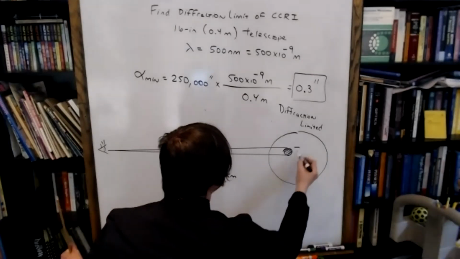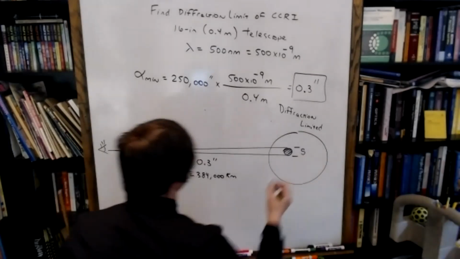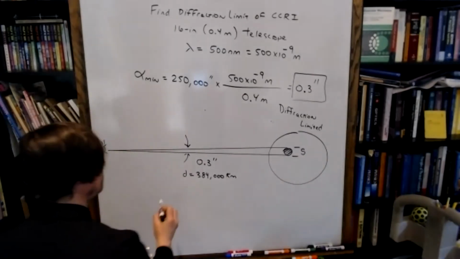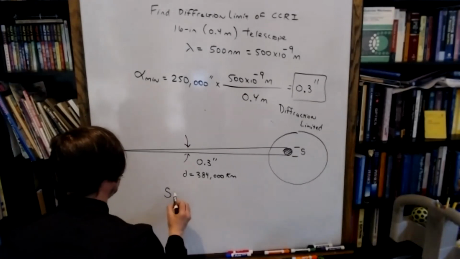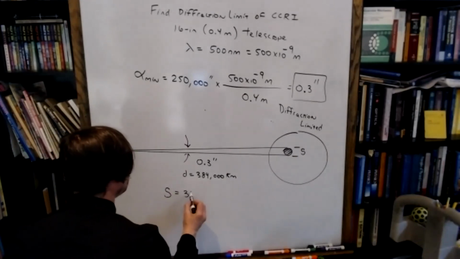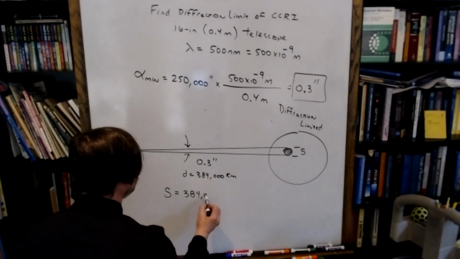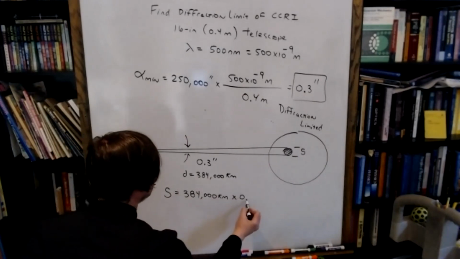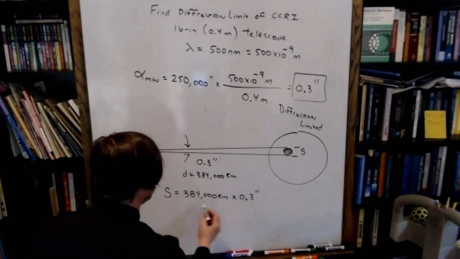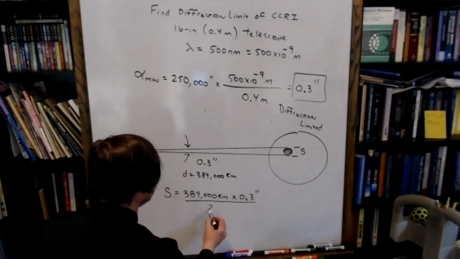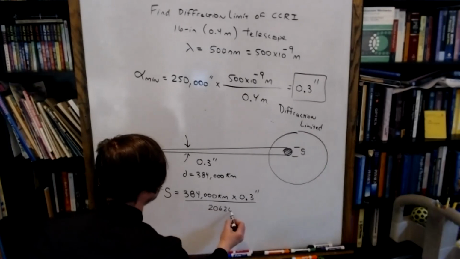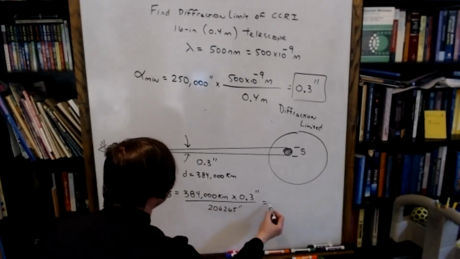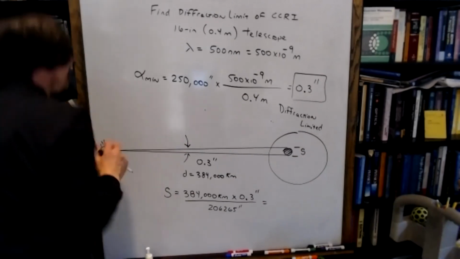If we call the size of the smallest feature I could see S, the small angle formula would let us calculate how big that is. It's 384,000 kilometers times 0.3 arc seconds, all divided by 206,265 arc seconds. Go ahead and plug that in for me, students.